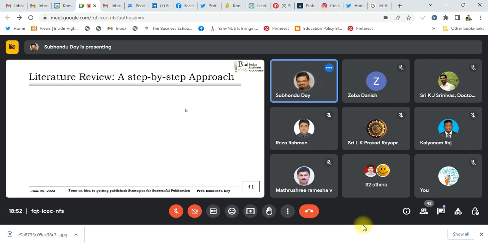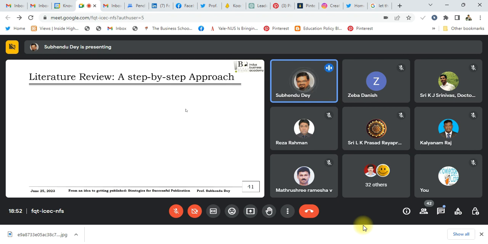So, let's move on and look at what it would take for you to do a literature review. I'm putting it up as a step-by-step approach, and you can just go through with me. Wherever you have even the slightest dissonance, please stop me and ask what exactly I mean by that. So the first thing, if you have to do the literature review: yesterday we spoke about an idea, a trigger.